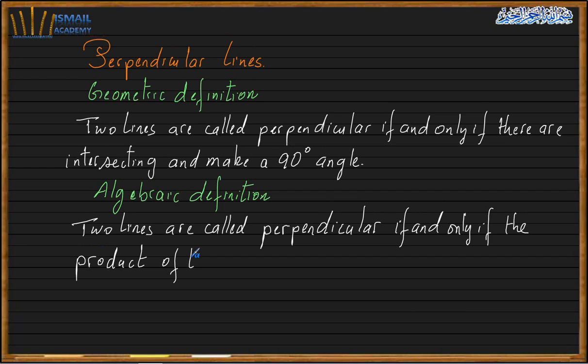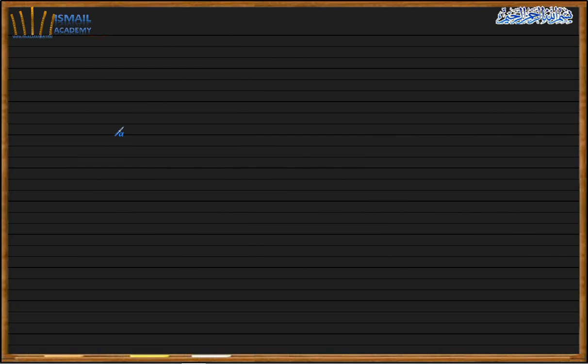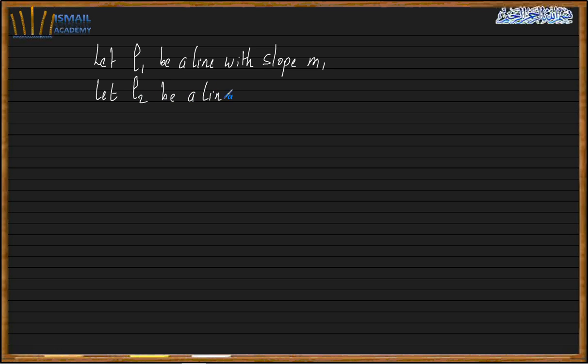So what do we mean by that? Let L1 be a line with slope M1, and let L2 be a line with slope M2.